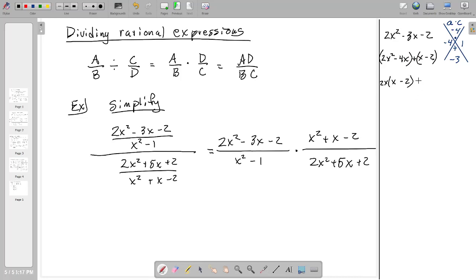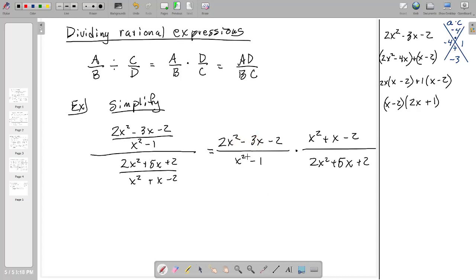And in the second one, there's nothing that's like, so we can factor a 1 out. And we just get x minus 2. Now notice that we have an x minus 2 common between this whole term and this whole term. So we factor out that x minus 2. And in the first term, we're left with a 2x, and in the second term, we're left with 1. And that's it. So this would be the factorization of the numerator of the first term.